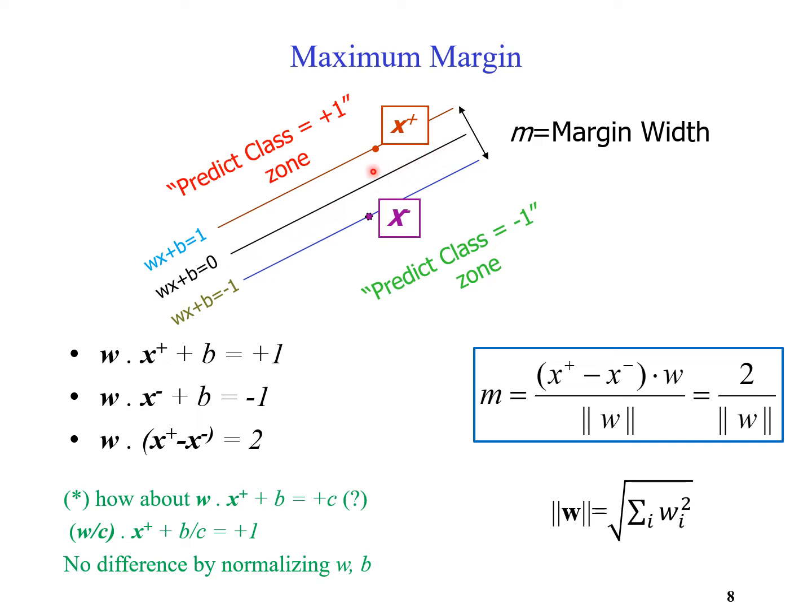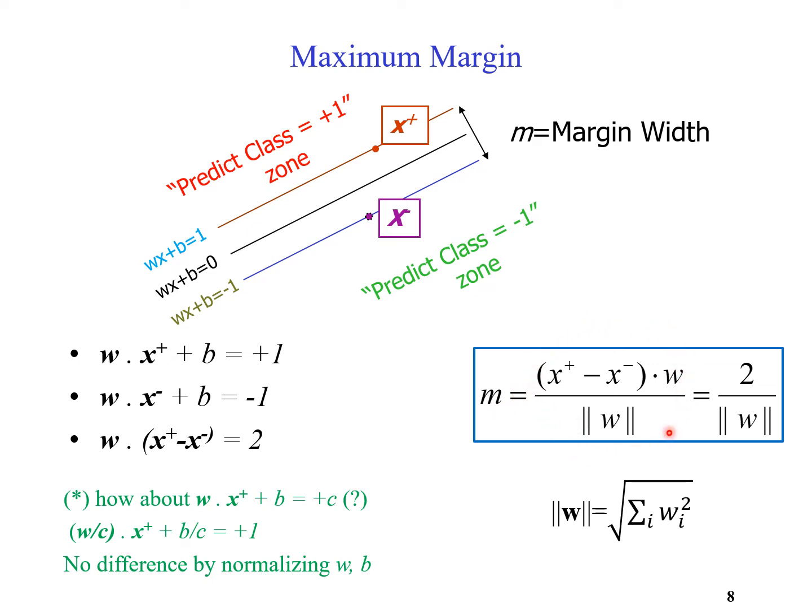And suppose we have two other parallel lines, like wx plus b equals 1 and wx plus b equals minus 1. Suppose we have these two parallel lines here. In this case, the gap, the margin between these two lines, let's say M is the gap between these two lines. Then M is defined as this.